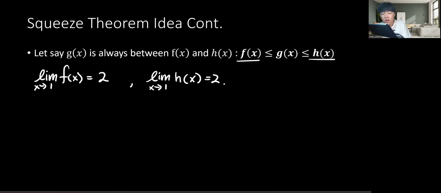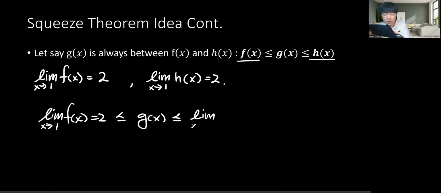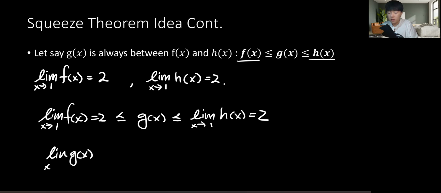So if I rewrite this, the limit as x approaches 1 of f(x) is equal to 2, and the limit as x approaches 1 of h(x) is equal to 2. Let's say this kind of case is happening, right? And then if I ask you, what will be the limit of g(x) as x is approaching 1?